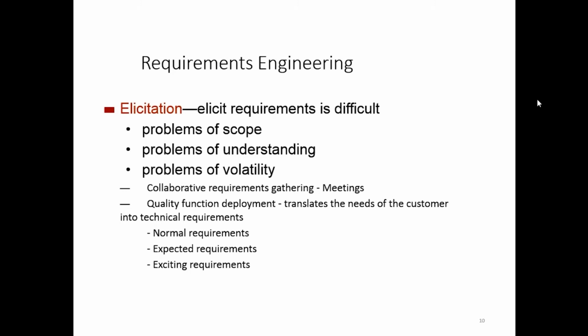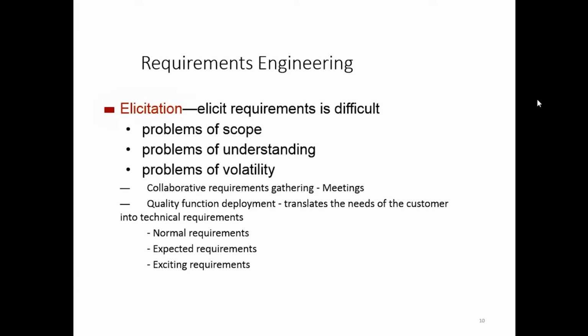It basically focuses on understanding what is valuable for the customer, and then deploys those values throughout the engineering process through some kind of functions, or you say information tasks, etc. Right. Now, it identifies three types of requirements, as you can see: normal requirements, expected requirements, and exciting requirements.